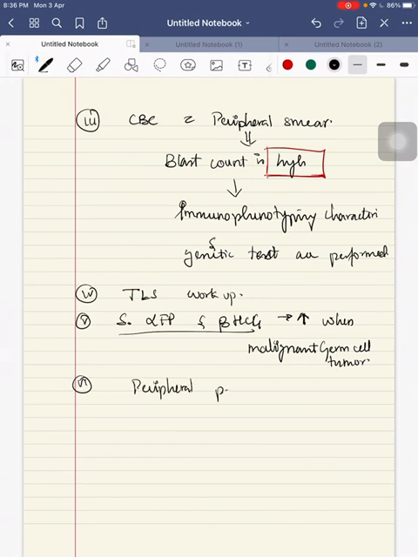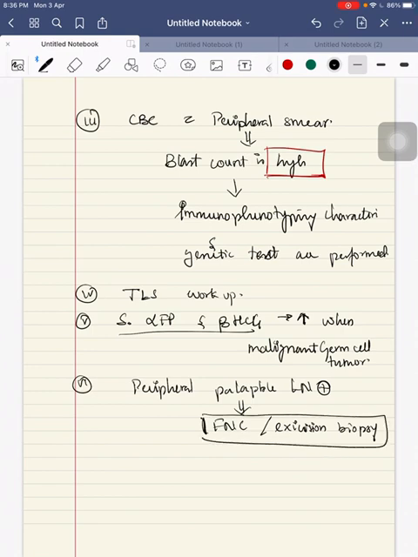Okay. When the patient has a palpable peripheral lymph node, you can do FNAC or an excision biopsy from that.